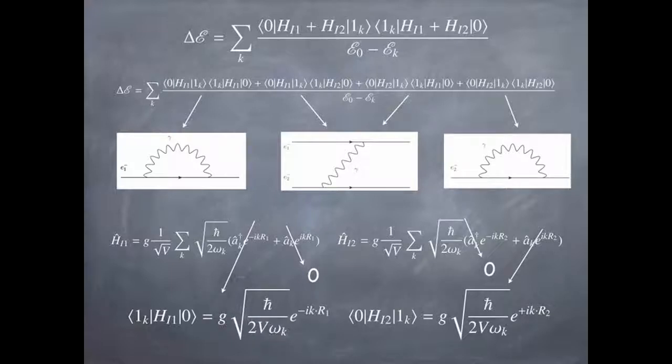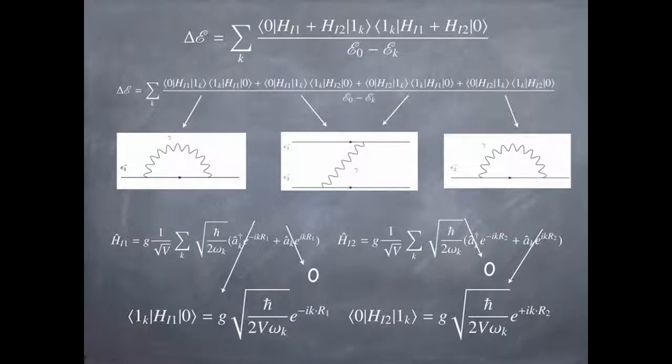And when I multiply those two guys together, notice I'm going to get an e to the ik dot (r2 minus r1), or e to the ik dot (r1 minus r2). The other term is exactly the same, except it's the complex conjugate. So what I'm going to wind up with is e to the ik(r2 minus r1) plus e to the ik(r1 minus r2).